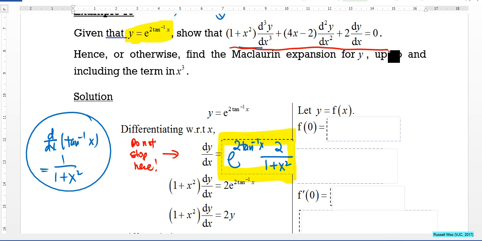Follow what I'm saying? I want to do some manipulation to introduce the y. Once you get this, I think it is easy from now onwards. Why? Because now you have a y, it's easy to differentiate. You differentiate y, you get dy/dx. Follow what I'm saying? Yes?